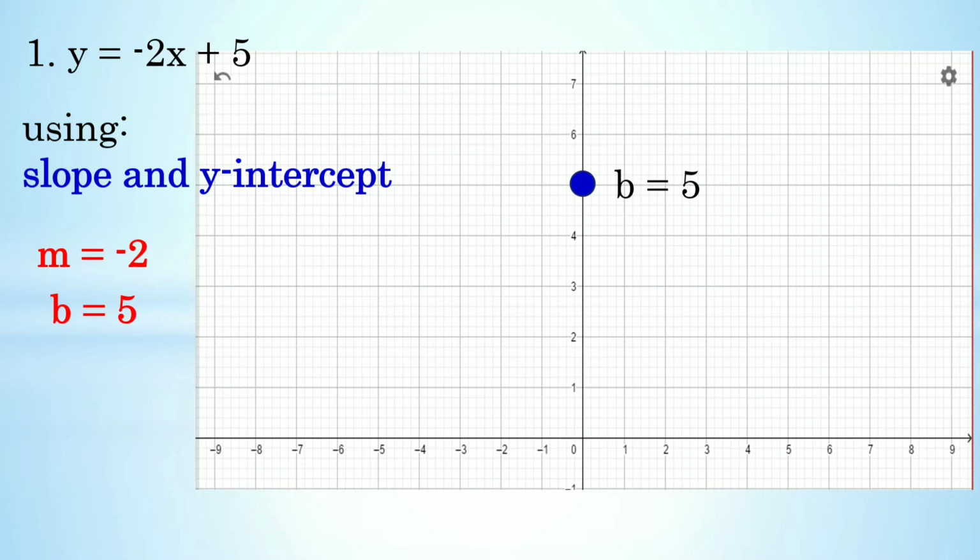So, dalawa pataas, 1, 2, at isa pakaliwa. Then, 1. So, ang ating second point ay (-1, 7). And then, pwede na natin siyang i-connect. So, ayan po yung graph ni y equals negative 2x plus 5 using slope and y-intercept. Di ba? Madali lang.